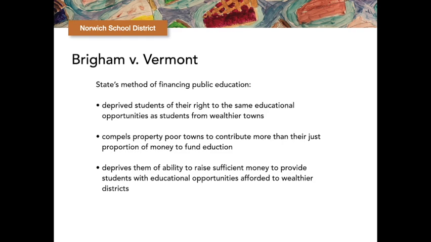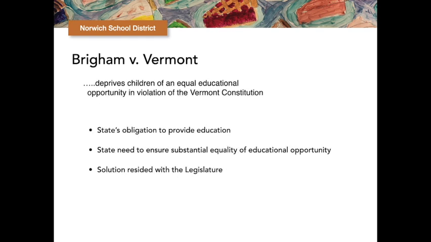And finally, the Brandon and Worcester school districts claimed that the current financing scheme deprived them of the ability to raise sufficient money to provide their students with educational opportunities equal to those afforded to students in wealthier school districts, and compels them to impose disproportionate tax rates in violation of the Vermont and U.S. constitutions. And on February 5th of 1997, the Vermont Supreme Court agreed.